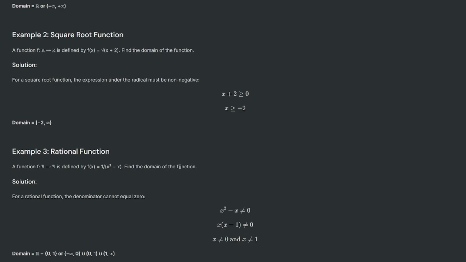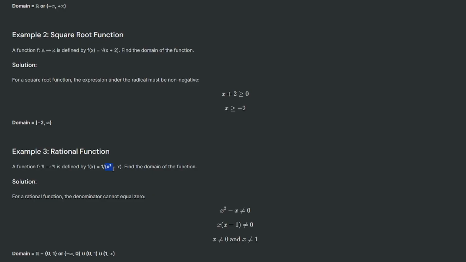Okay, let's say this function f(x) = 1 divided by (x squared minus 1). Don't just watch this, try to think it yourself. What could be the domain of the function? Domain means what the value of x could be so that it doesn't become infinity or give a complex number.